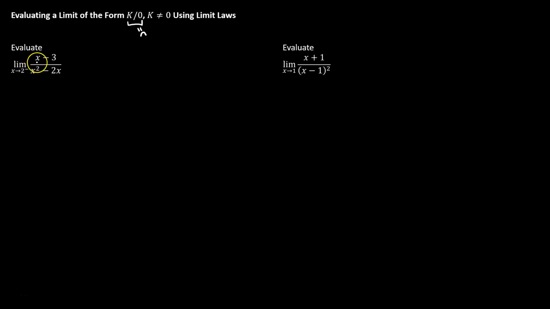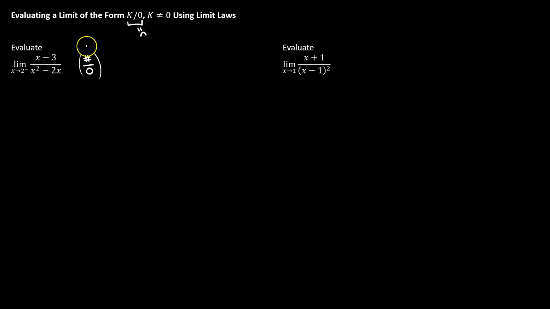But if I plug 2 in directly, then I get the form of a number divided by 0. It doesn't really matter what the number is in the numerator. Dividing by 0 is not allowed. So we need to manipulate this using some algebra so that we can figure out where this is going.